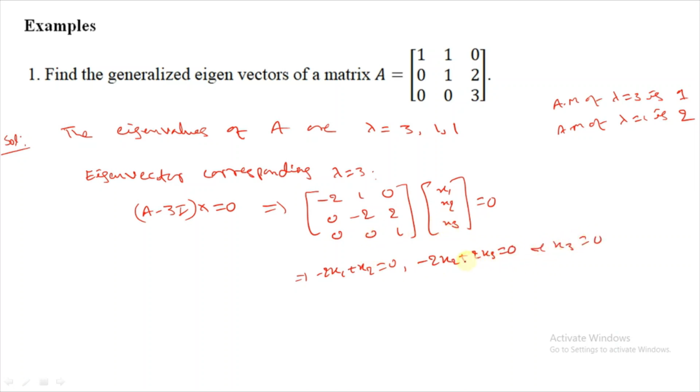See, x3 equal to 0 means x2 is also 0. That means minus 2x1 plus x2 equal to 0, x3 is 0, and x3 being 0 means x2 is also 0.